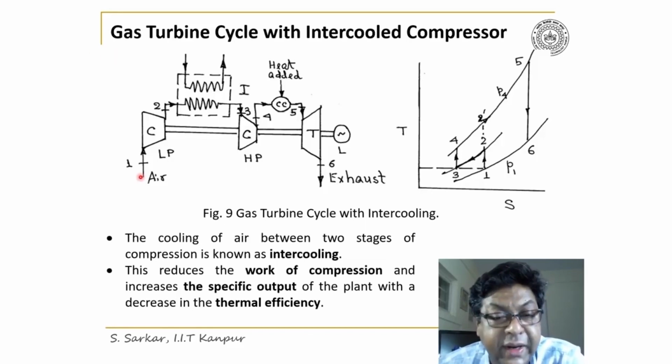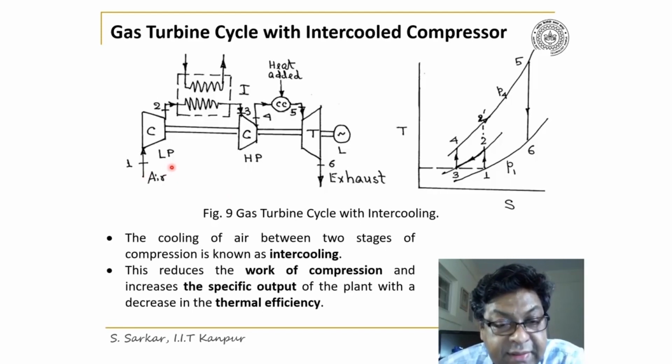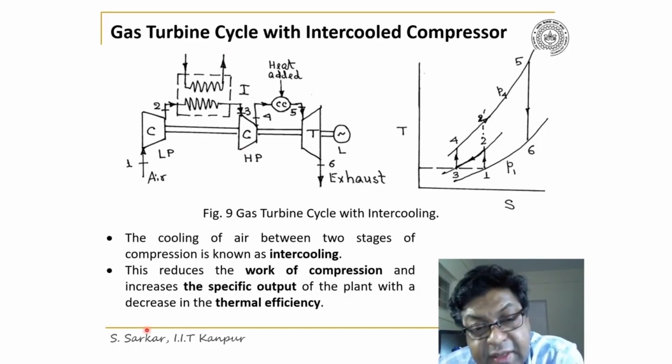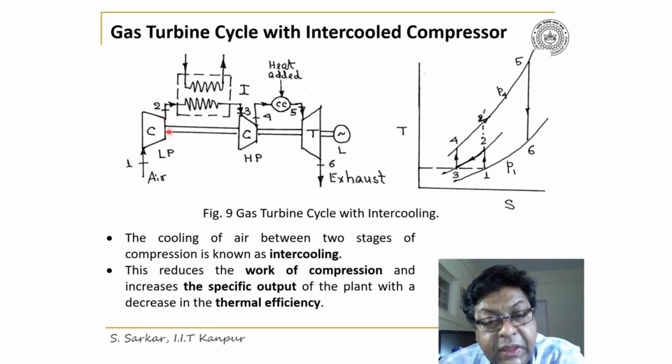What has been done here is that the compression process has been divided into two compressors. One is denoted by LP compressor, that's the low pressure compressor. Another is the HP compressor, high pressure compressor. And in between the two compressors, an intercooler is provided. That means the compressed air is being cooled by some heat sink.